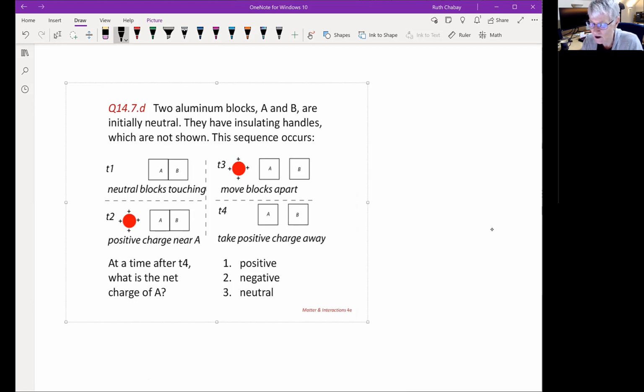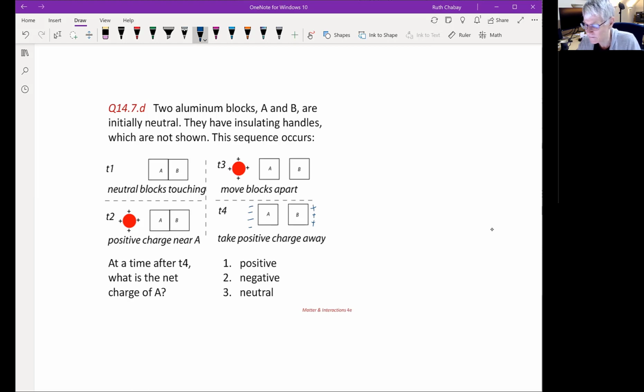If we take some neutral blocks and touch them together, and then we bring a positive charge near block A, but we don't touch it, then leaving the positive charge there, we carefully move block A away from block B with an insulating handle. And now we take the positive charge away. It can end up that block A has a net negative charge, and block B has a net positive charge.